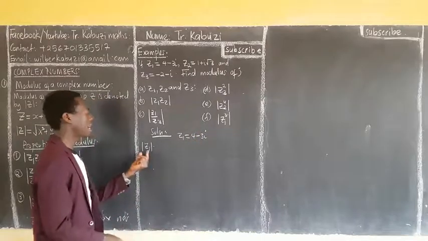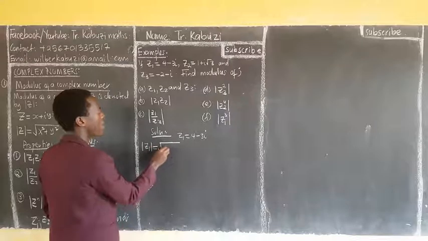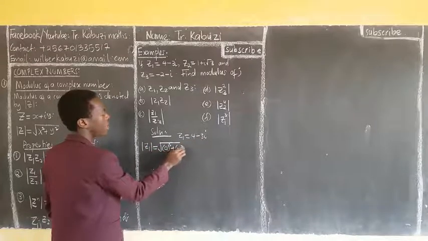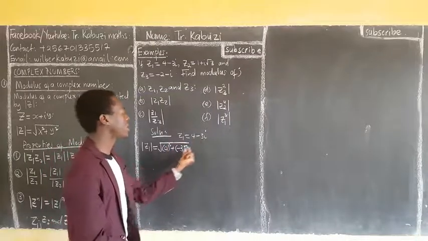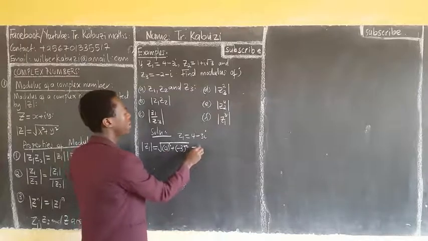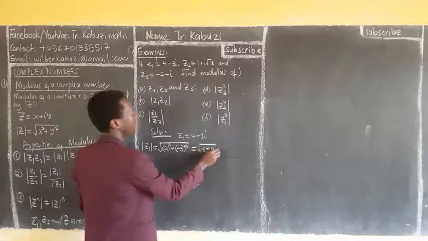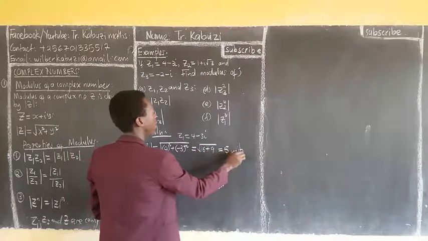To get the modulus of this, I get the square root of, you square the real part, then plus, with its sign, you square the imaginary part. The imaginary is the one with i, so it's negative 3. This square will be 16, then plus 9, which will be 25, and this will give you 5 units.